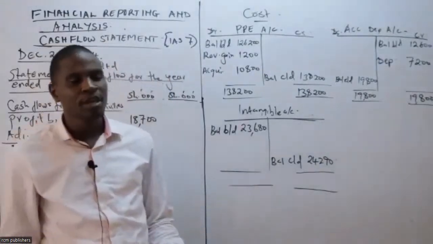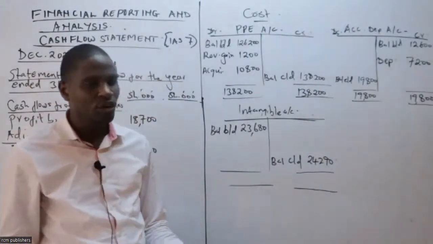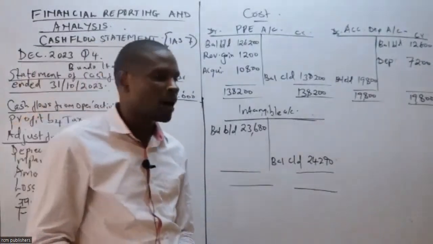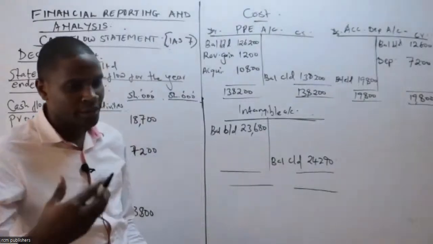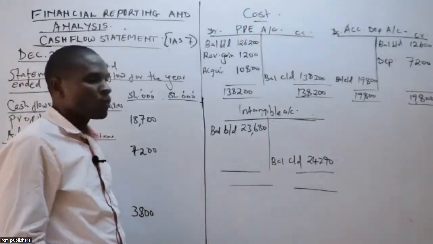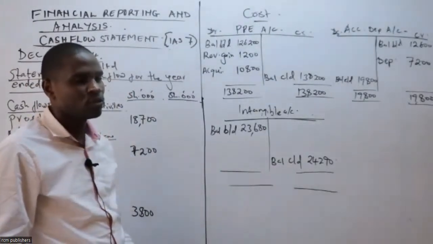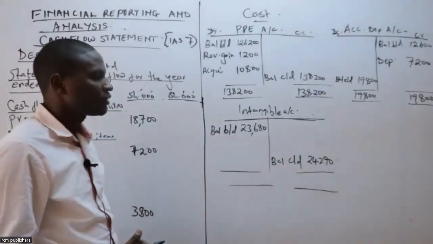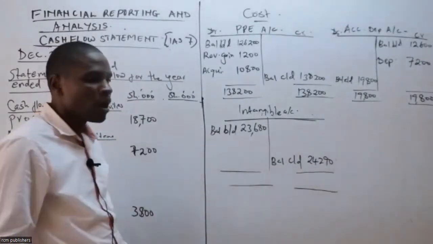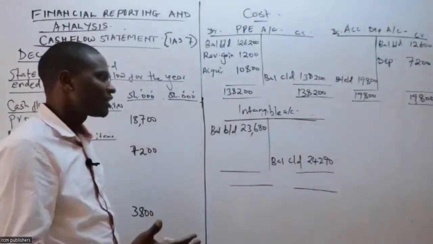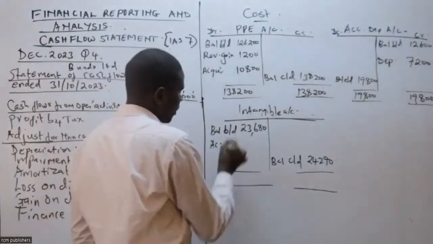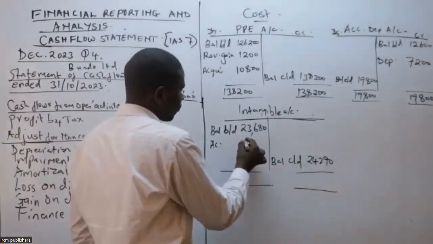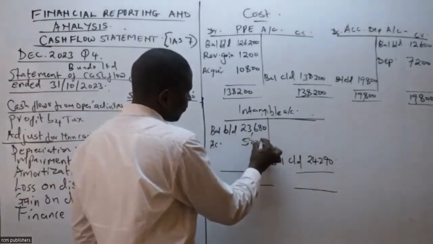Where should the 5 million be placed in our account? Exactly. Thank you so much, Caroline. Caroline is telling us that we should debit. This is an asset, so our intangible asset increased. Therefore, there was acquisition of this item worth 5 million.